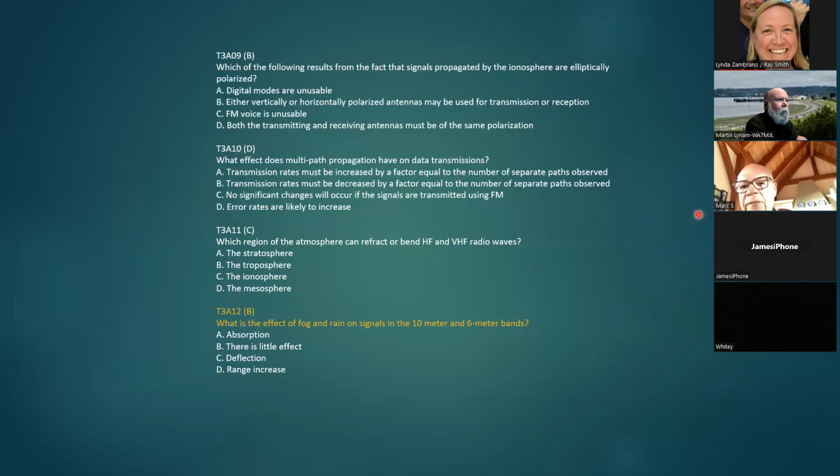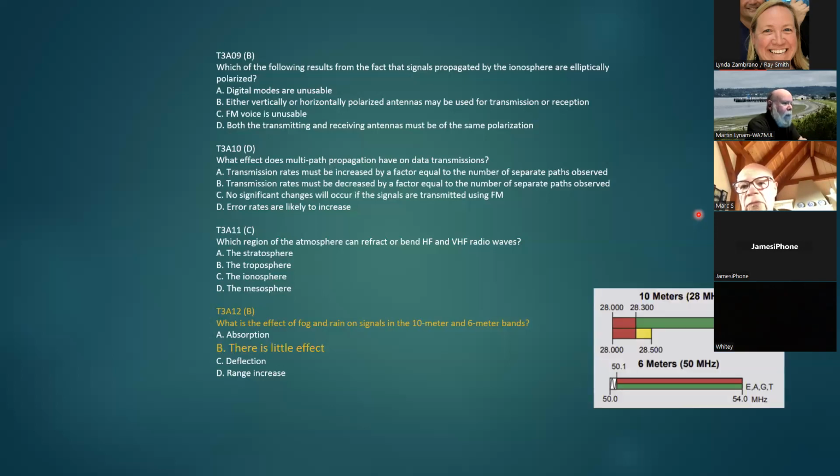One thing you may not know as students studying for your technician license is once you are licensed, you do have the authorization to use certain frequencies in the 6 and 10 meter bands, which can actually give you fairly good long distance communications if you have the right kind of radios and antennas. But anyway, fog and rain has very little effect on those bands, which is a great thing.